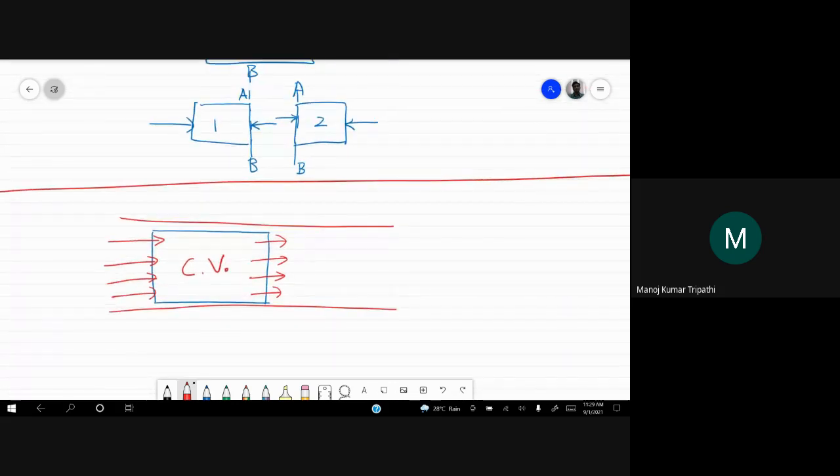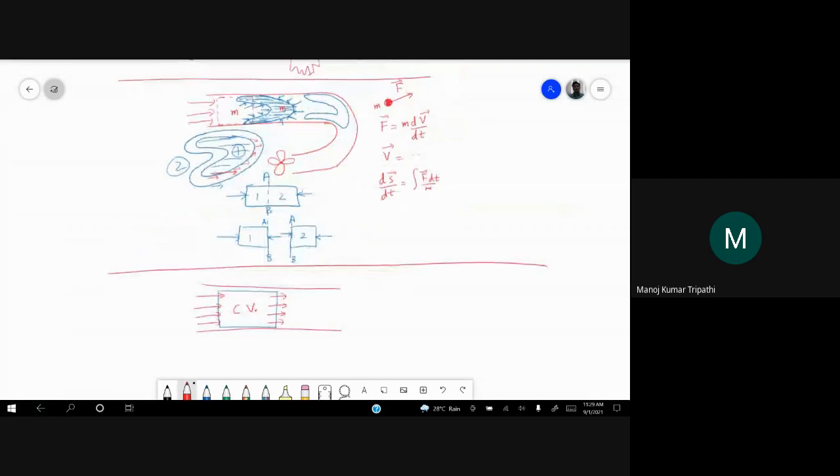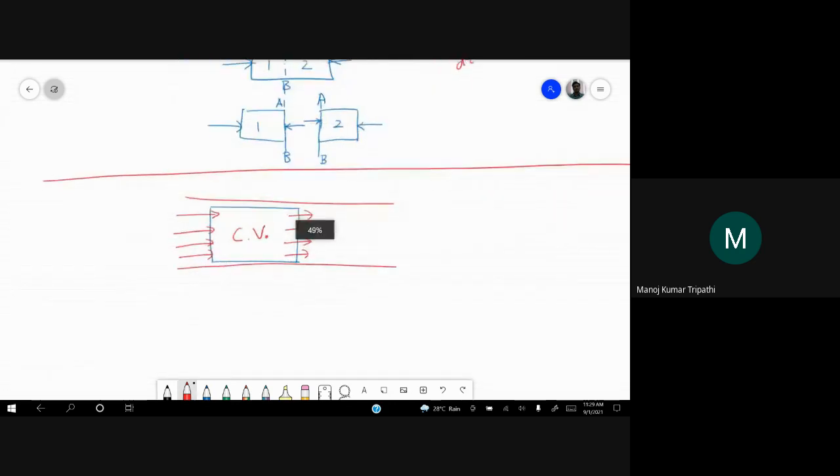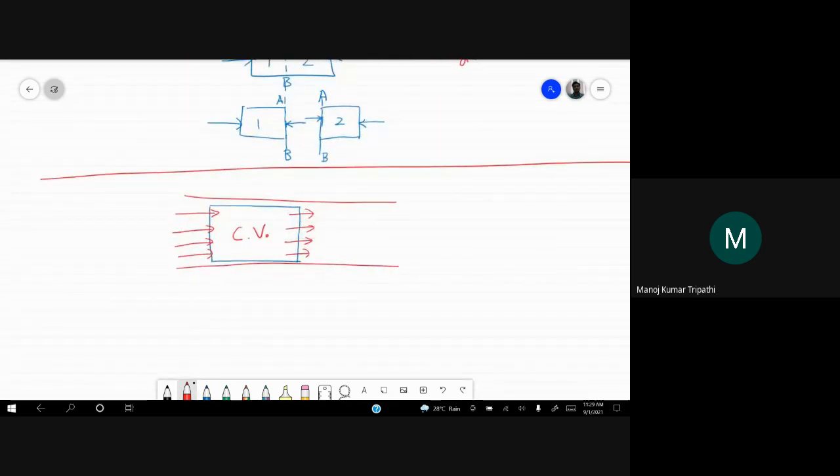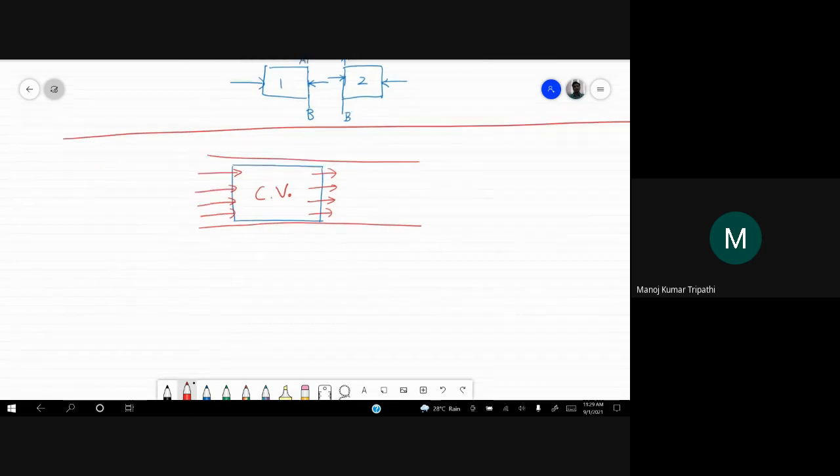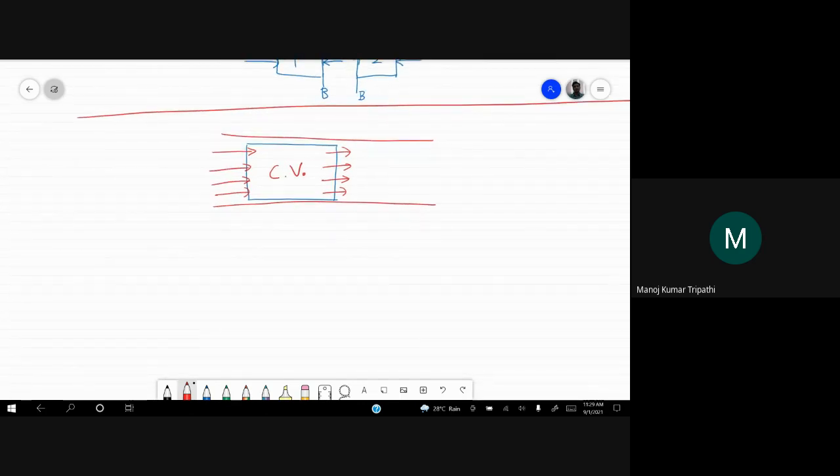And the previous approach is known as control mass analysis. There we have a fixed mass, that is also known as control mass, which is moving through space. But here we have a fixed volume, which is known as a control volume, and we will be looking only at this volume.